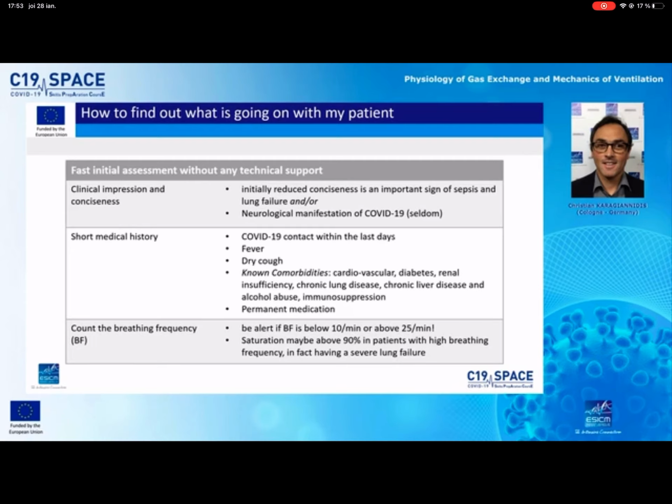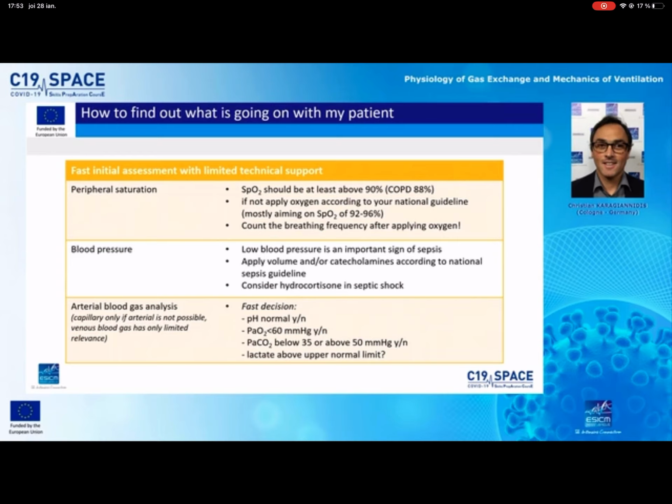And it might be that you see a COVID patient with a breathing frequency of 35 or 40 per minute, and that you have a saturation which is still above 90, but in fact the patient has a very severe lung failure and tries to get more oxygen by increasing his breathing frequency.